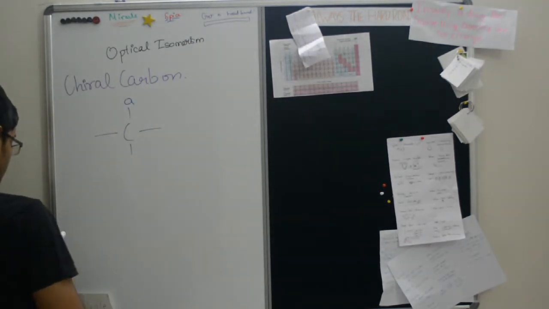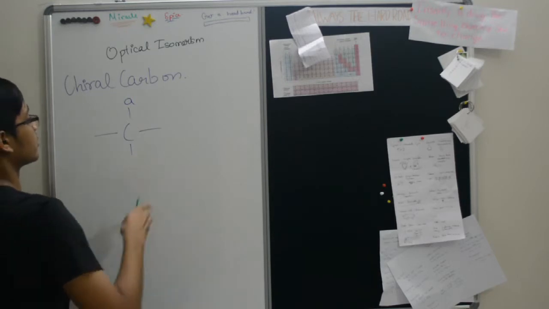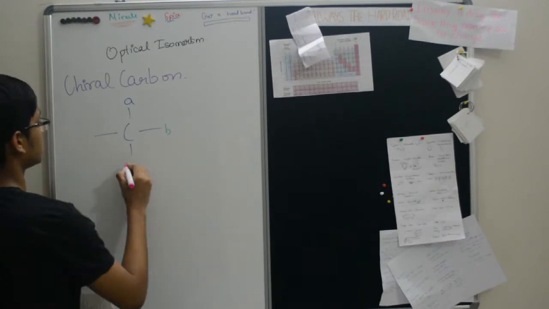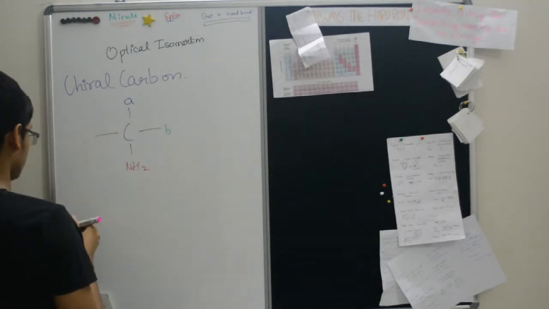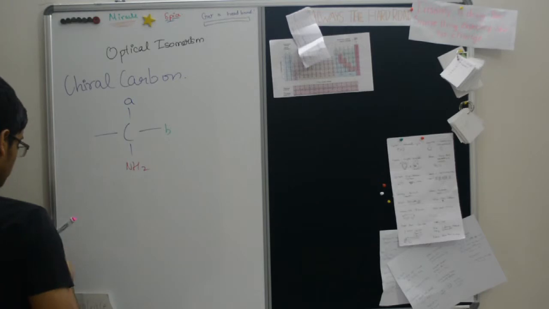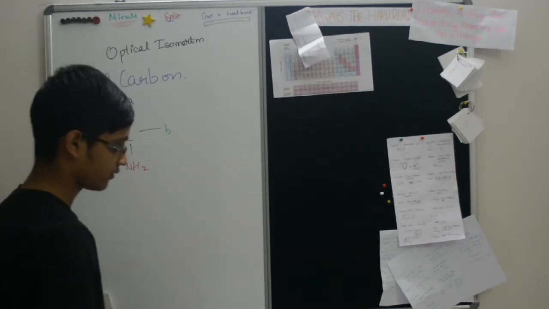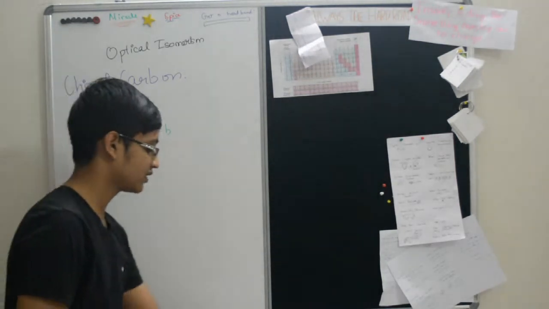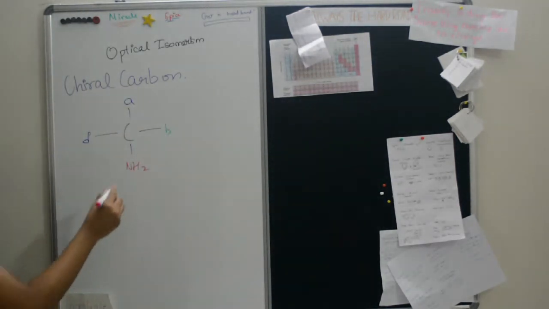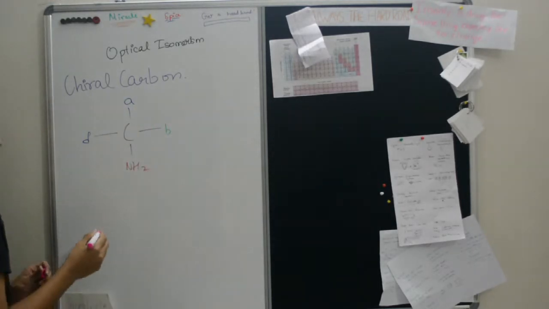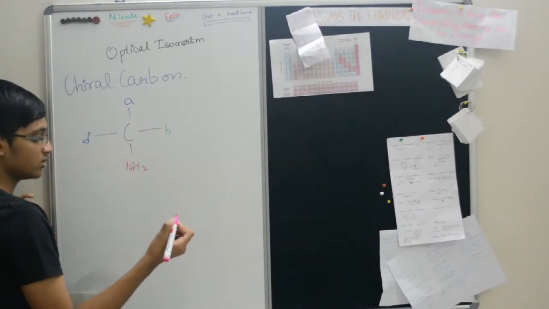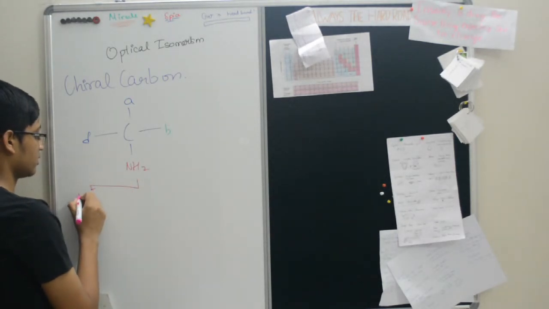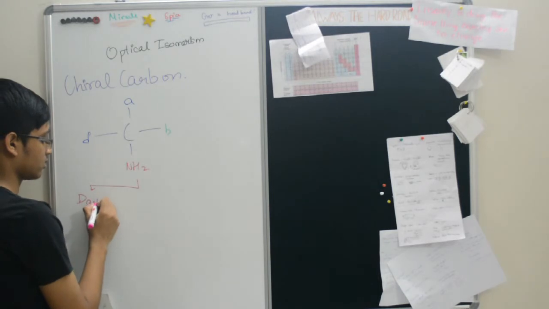This will be some A and this can be some B, this is NH2, and it will be different for everything over there. This will be D. So if it has everything different, then you can say that this is a chiral carbon. And a chiral carbon can be represented in one of two ways. The first way is via dash and wedge.